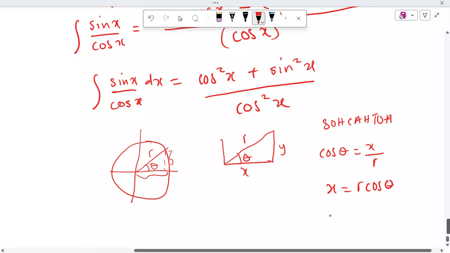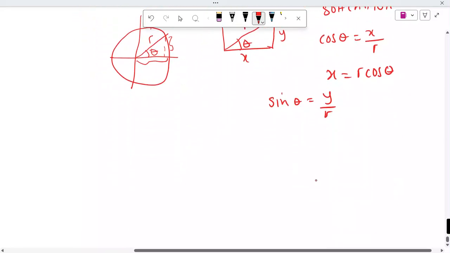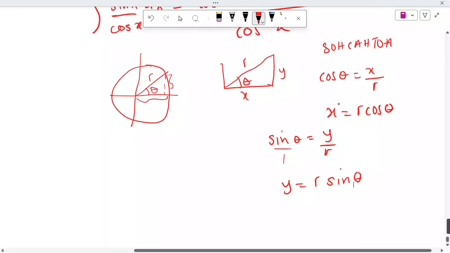Same applies if you want to find y. Y is opposite to this angle. So sine theta equals y over hypotenuse r. You cross multiply, so y equals r sine theta. So we have x equals r cos theta, y equals r sine theta.